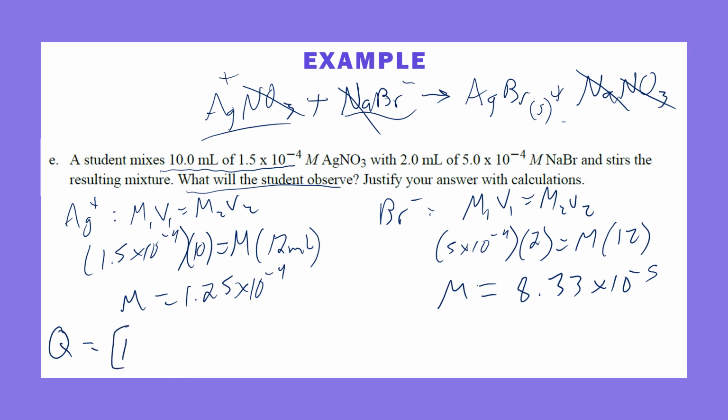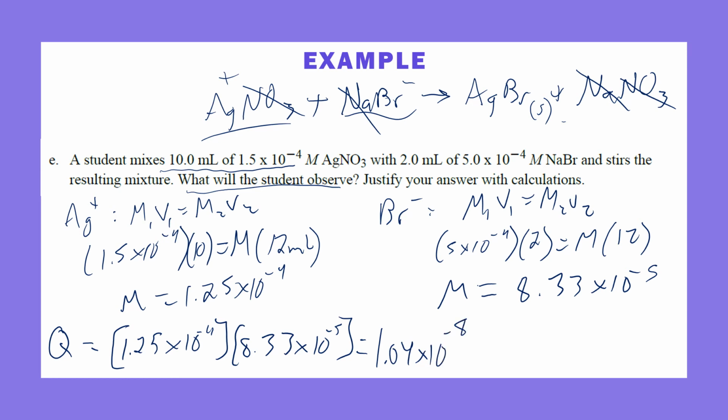The silver times the bromide, and we get a value for Q that's equal to 1.04 times 10 to the negative 8. Now we need to compare that to K, which is 5 times 10 to the negative 13th. All right, so Q is much larger than K.